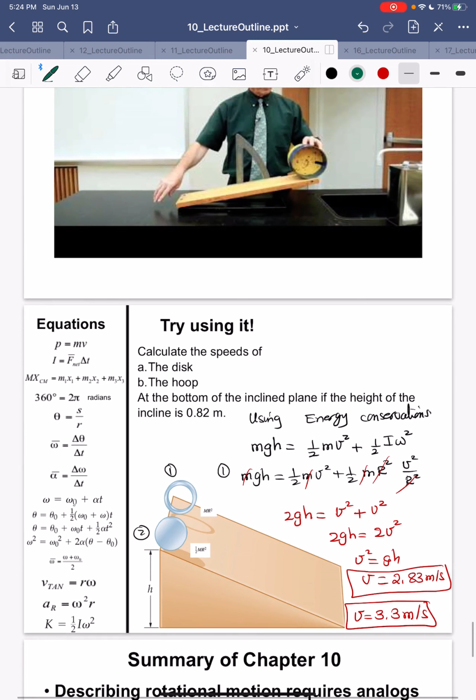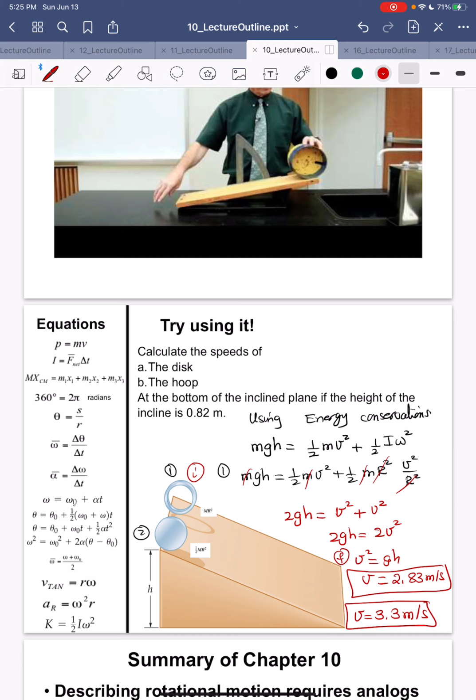Here, calculate the speeds of the disk or the hoop at the bottom of the inclined plane if the height of the incline is 0.82. Using energy conservation, I will solve for the hoop, number 1. Let's see, this one is initial, and this one is final.